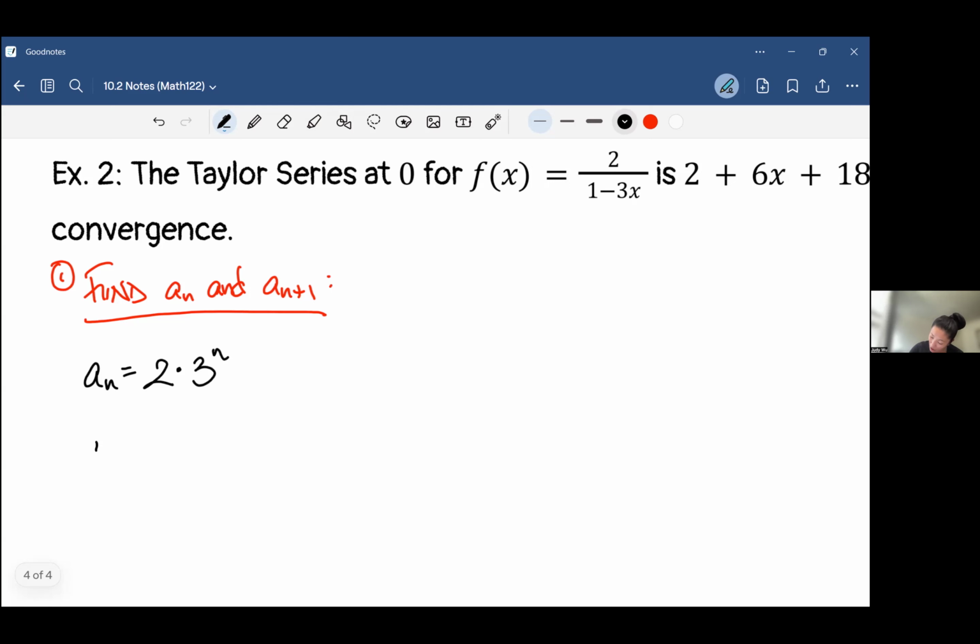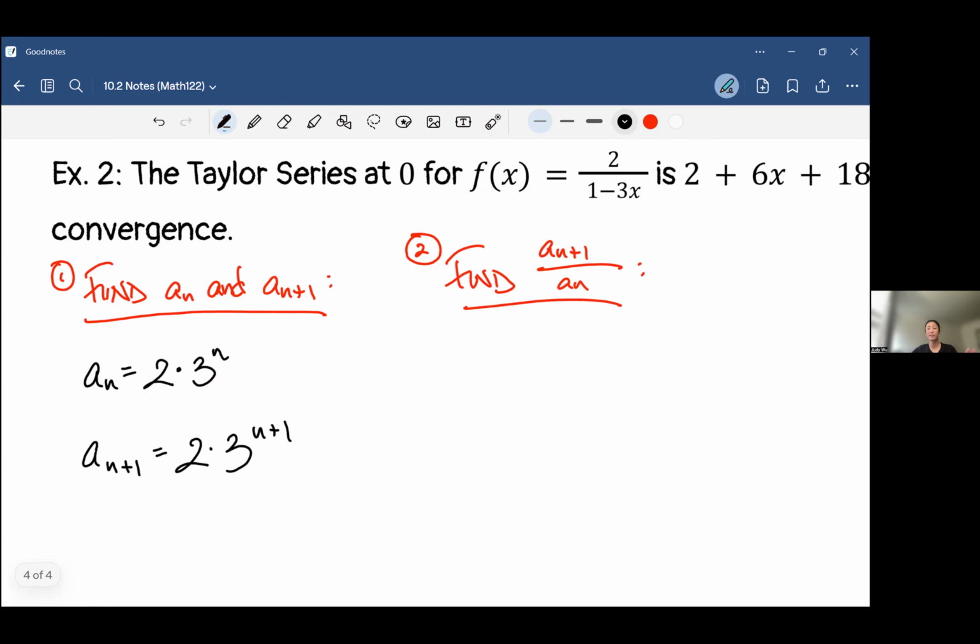Now a sub n plus 1, this is where everywhere we see an n, and it's only one place this time, we're going to put n plus 1. So 2 times 3 to the n plus 1.